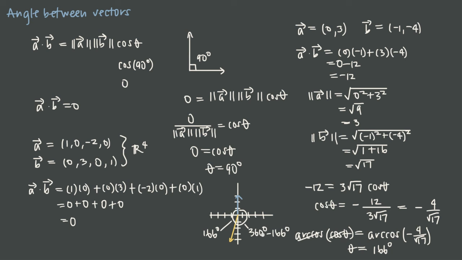And the reason is because this formula for the angle between vectors will always find the smaller angle. So 360 minus 166 is going to be 194. So that's the larger angle, that's greater than 166 degrees. So this formula is going to find the smaller angle, 166 degrees, that smaller angle between the two vectors.